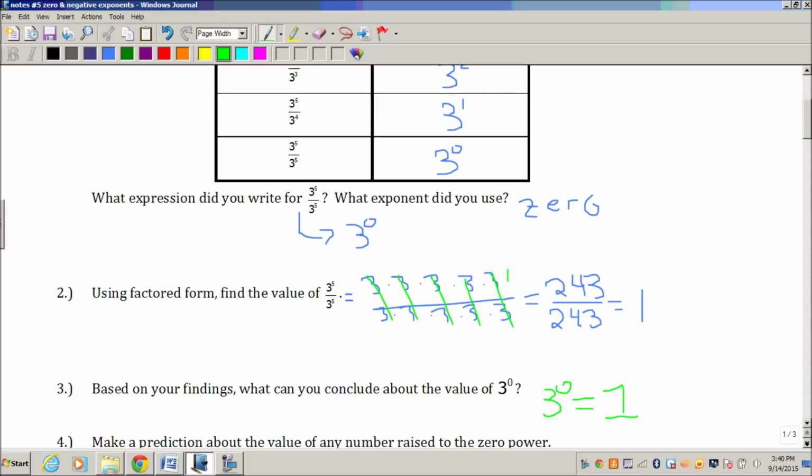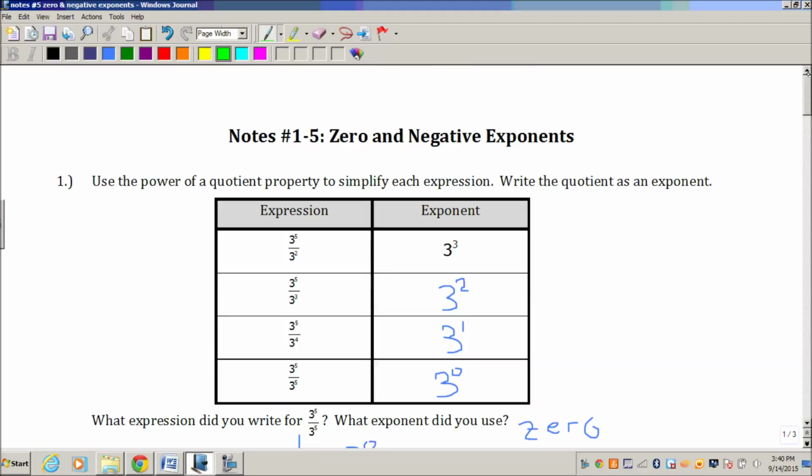So for just a moment, let's take a look back at the table, and I want to take a look at why that might be. Okay, so let's go back to the exponent 3 to the 3rd power. 3 to the 3rd power means 3 times 3 times 3, and if you multiply that out, that's 27. 3 to the 2nd power is 3 times 3, which is equal to 9. 3 to the 1st power is just 3. So what is the pattern that we see happening here?